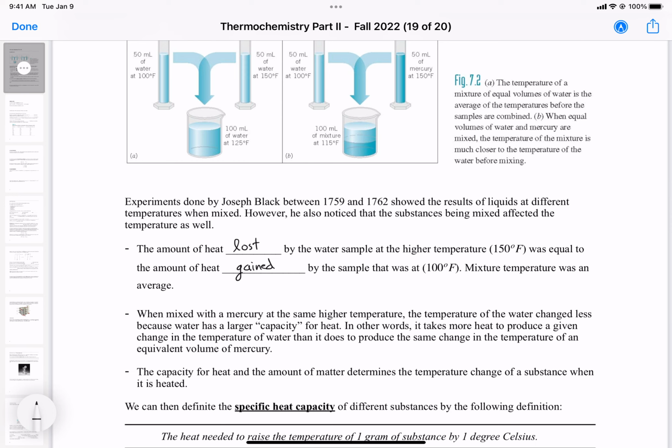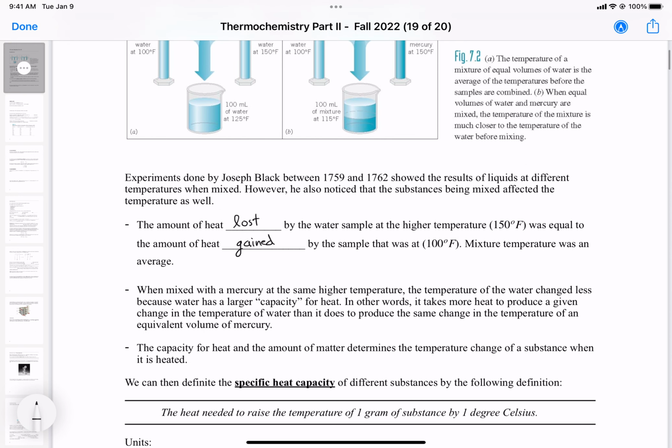So we could say it takes more heat to produce a given temperature change. Then by this measure, mercury has a lower capacity for heat, so it takes less heat to produce the same kind of temperature change for the mercury. Okay, so this is the concept of heat capacity.